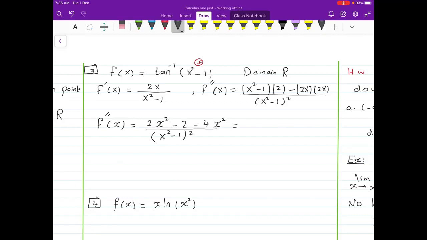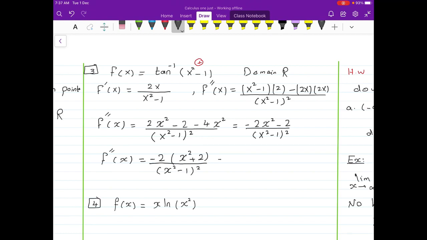So this is equal to 2x squared minus 4x squared minus 2 over (x squared minus 1) squared. We can take minus 2 as a common factor, and you get f double prime of x equals -2(x squared plus 2) over (x squared minus 1) squared.